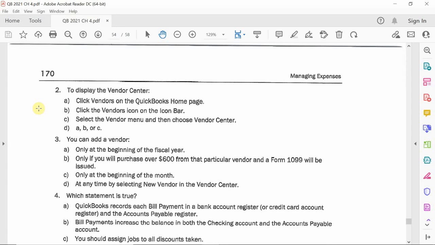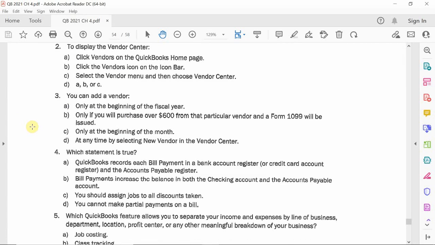You either select vendors on the QuickBooks homepage, B, you're going to select the vendor's icon on the icon bar, and then 3, you're going to select the vendors menu and choose vendor center. Those are the three ways that you can enter in the vendor center, okay?